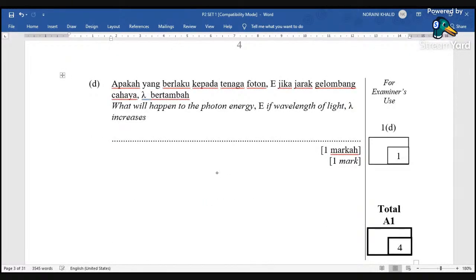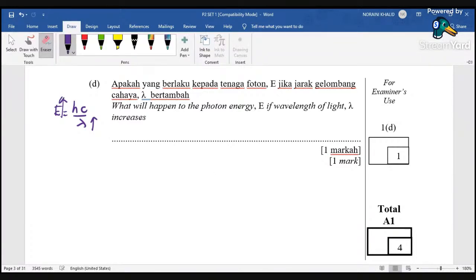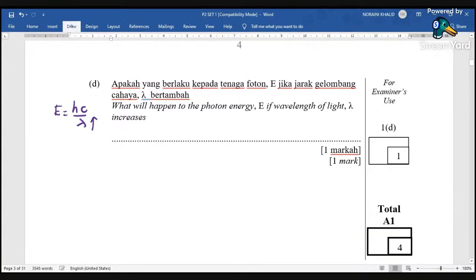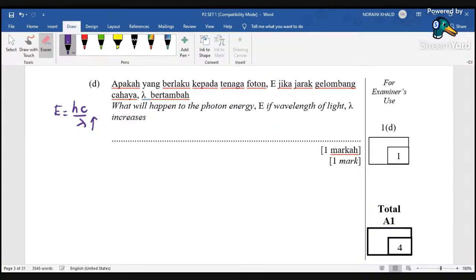Okay, part D, what will happen to the photon energy if wavelength of light lambda increases? So from the formula again, E equals to hc over lambda. If lambda increases, the relationship is inversely proportional.